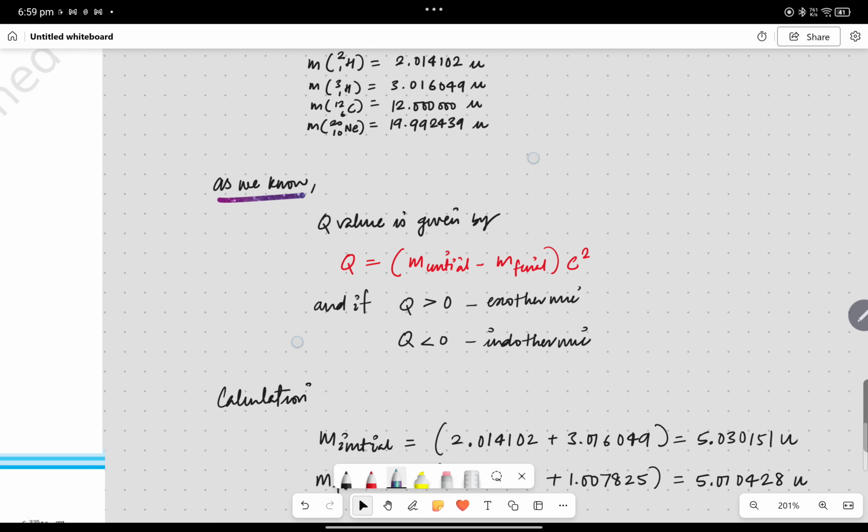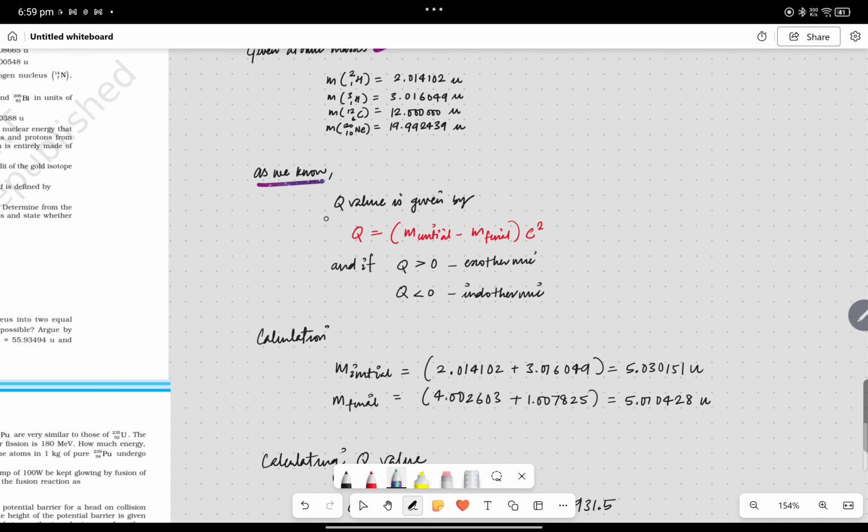As we know, the Q value determination requires mass of initial nuclei minus mass of final nuclei into C square, right? And then we note that if the final value of Q is more, that is exothermic, and if the final value of Q is less, that is endothermic.